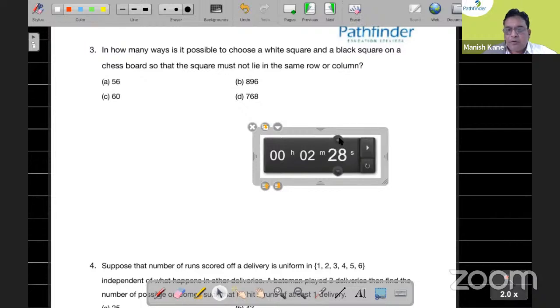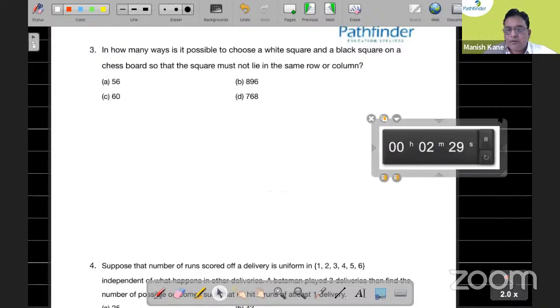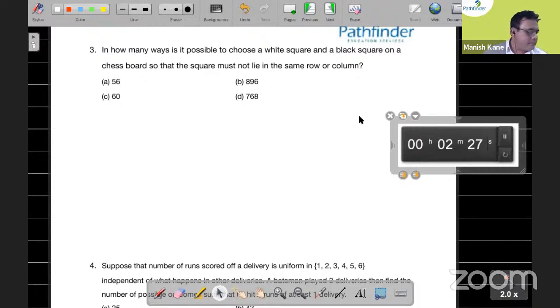Let's see how many of you are able to attack this question. Okay, Subodh and Rahul, 728 indeed is the correct answer. You've got 2.5 minutes for the third question. And the third question is actually a fabulous question. Let's see how many of you are able to approach it.